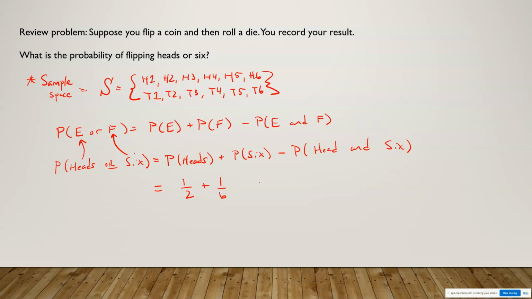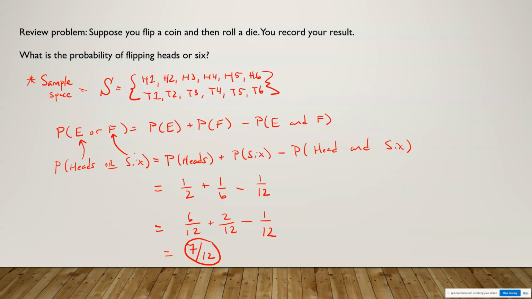That's 1 out of 6. Now look here. If you flip a coin and then roll a die, what is the probability to get a head and a 6? There's only one outcome that's a head and a 6, and there's 12 total outcomes. With a common denominator, this is 6/12 plus 2/12 minus 1/12. They all have the common denominator of 12. So 6 plus 2 minus 1 gets me 7/12. So this formula works.